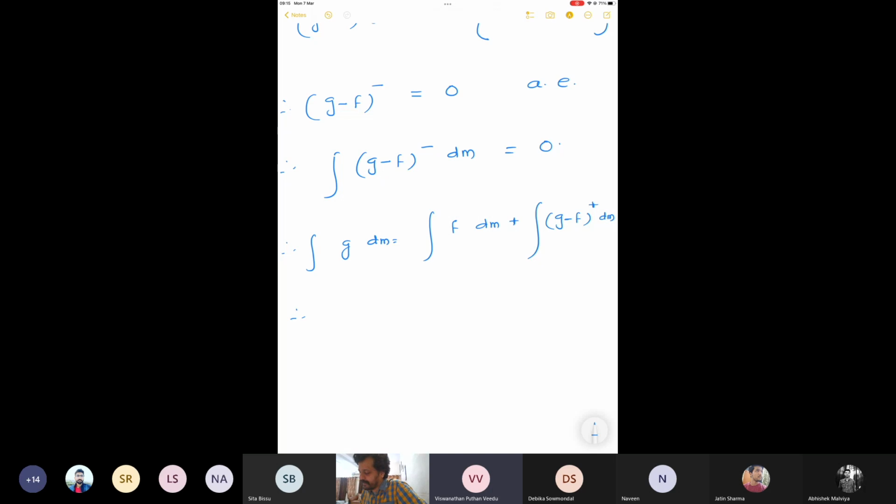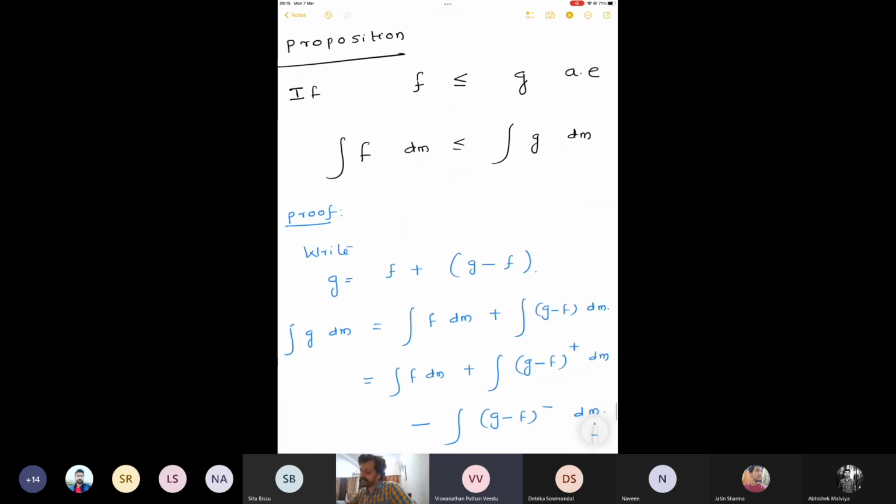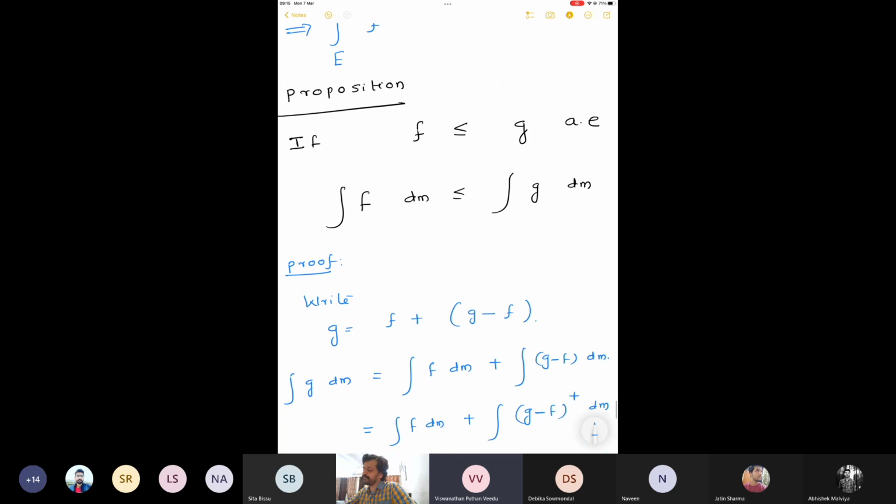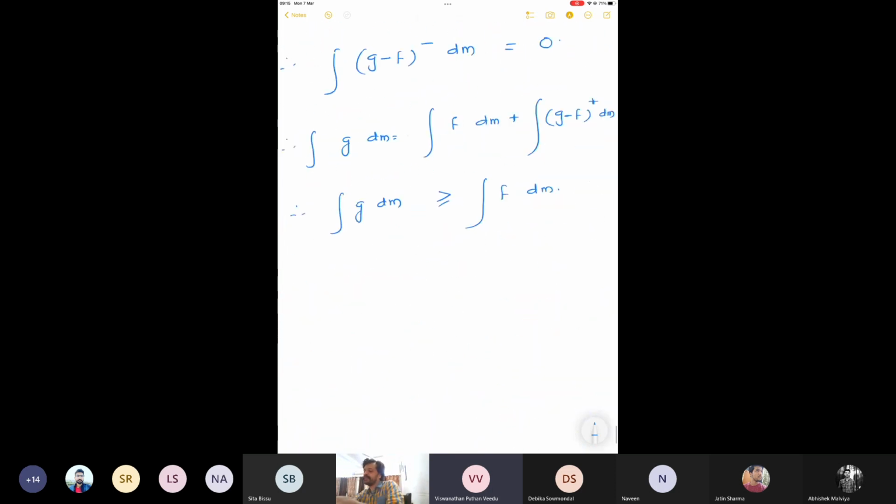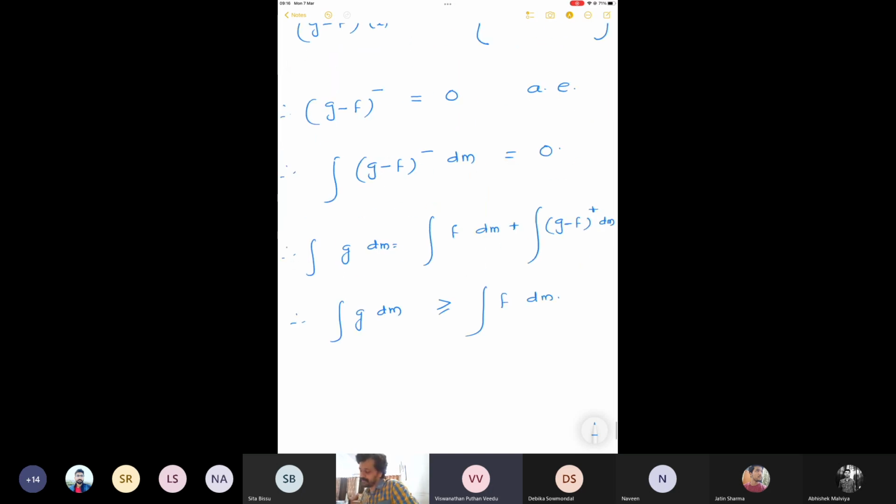Therefore, the integral over g dm is greater than or equal to the integral over f dm. So if g is greater than or equal to f almost everywhere, the integral of g is greater than or equal to the integral of f. There is no question of almost everywhere for the integral. The integral is a number, so this number is greater than or equal to that number.